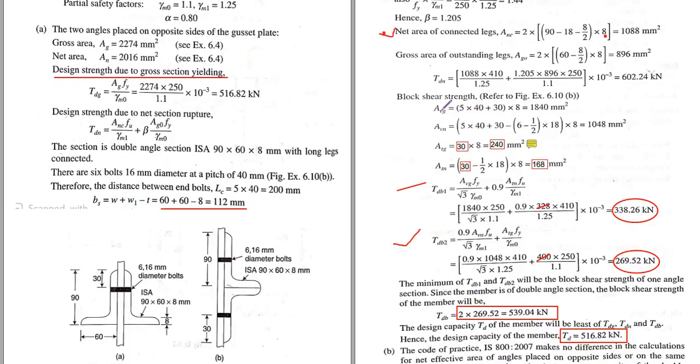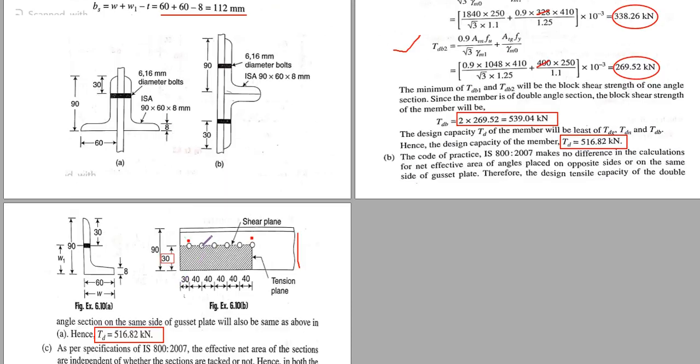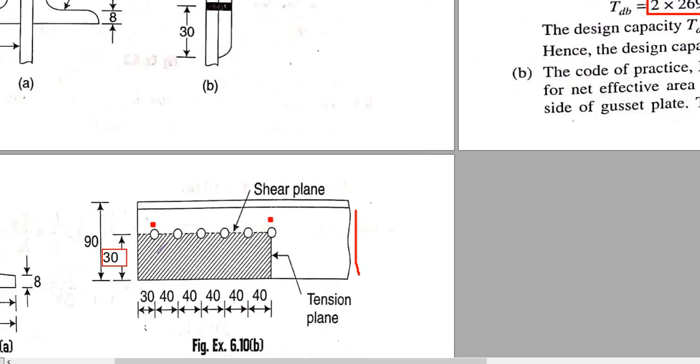Now Avg: it is from this point to the center of this bolt. If I zoom in, from this point to the center of these bolts, the distance will be 30 plus 40 plus 40 plus 40 plus 40 plus 40.